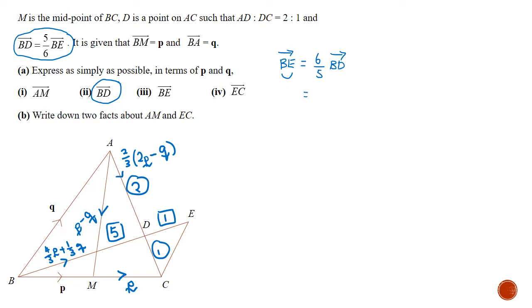And this will give us 6 over 5 multiplied by 4 over 3 P plus 1 over 3 Q. And simplifying this, we will have 8 over 5 P plus 2 over 5 Q. To summarize, in order to find vector BE, we can either use previous information given, or we can find the most direct path from B to E.